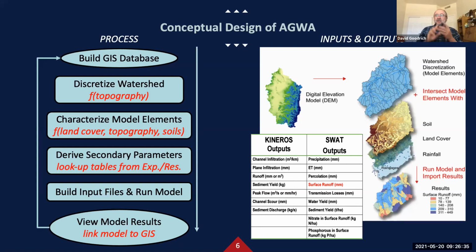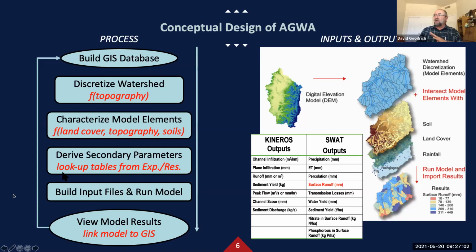And again, these just provide a first initial guess of what these parameters are based on nationally available soils and land cover data. So if you have local information that will improve those estimates, it should be used. And we can show you how you can edit what comes out of AGWA to use that local information.